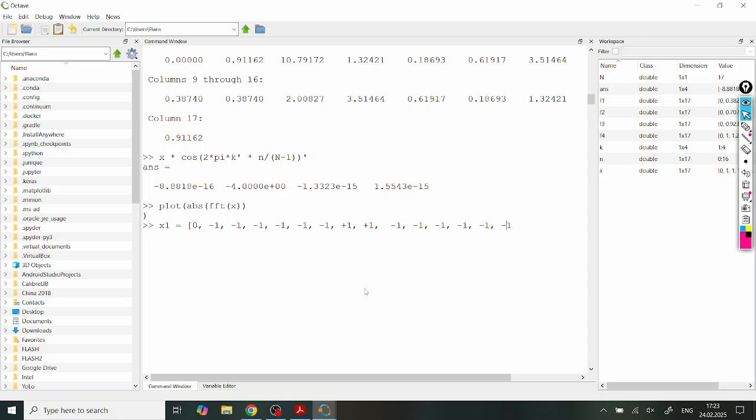So minus 1, 2 minus 1s. And then I want to change this to plus 1s and copy that once more to have a second period. Just to show what happens. And what would happen is that I would get a higher resolution of the Fourier transform, meaning I will have more accurate results to everything that is in between.